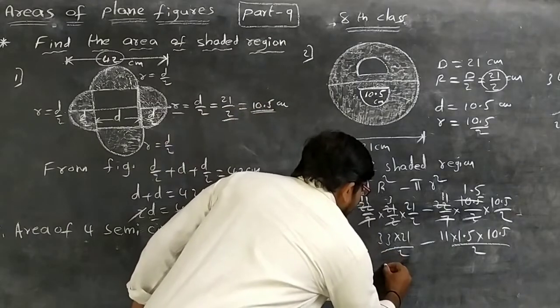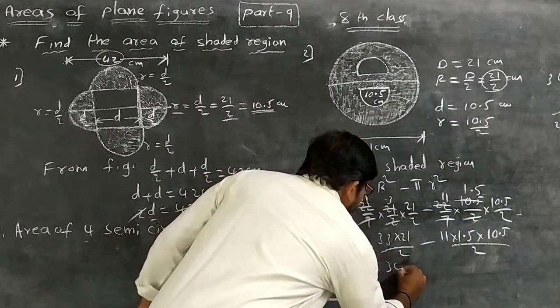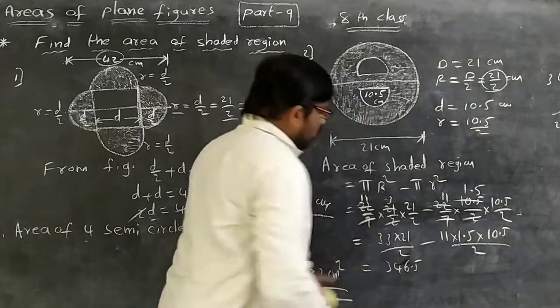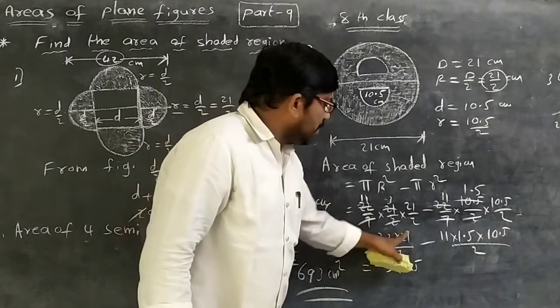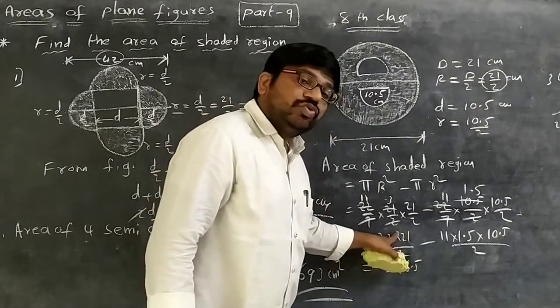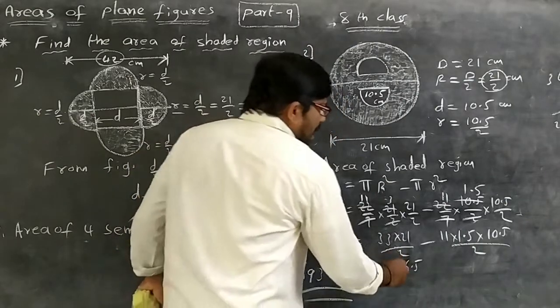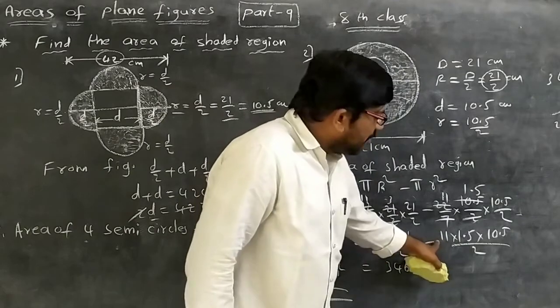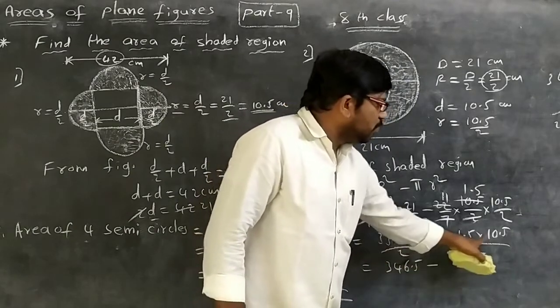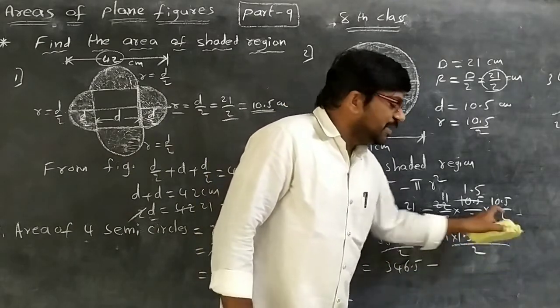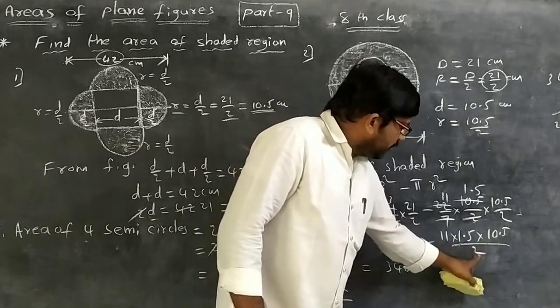After multiplying and dividing by 2, we get the result 346.5. So 33 into 21 must be multiplied and divided by 2. We get 346.5, right? Minus here also 11 into 1.5 into 10.5. First multiply these three and divide by 2.